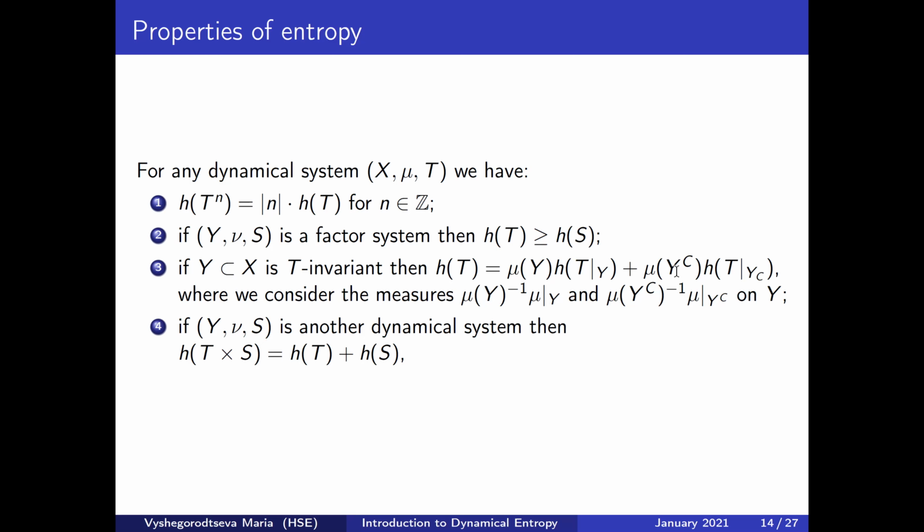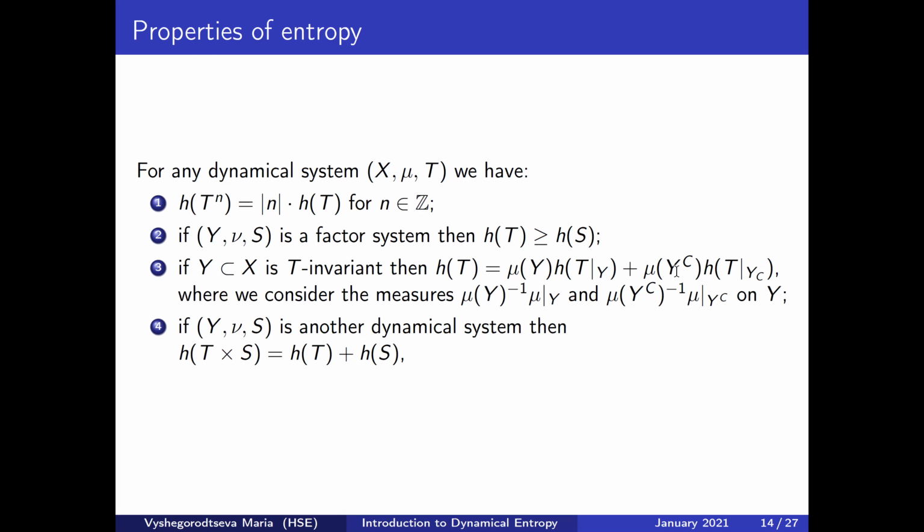Another property is that if we take another dynamical system, we can compute the entropy of a product of the systems as just a sum of the two entropies of these systems.